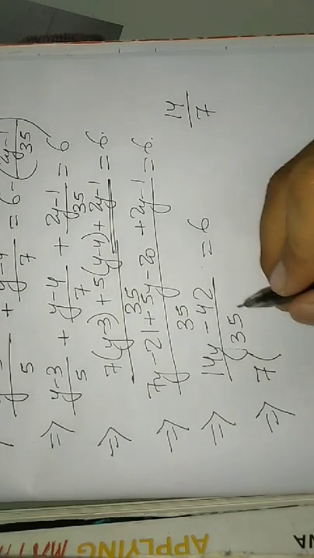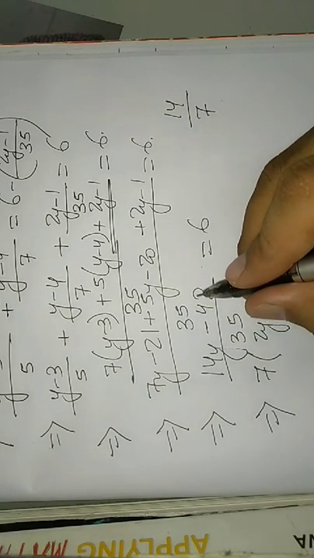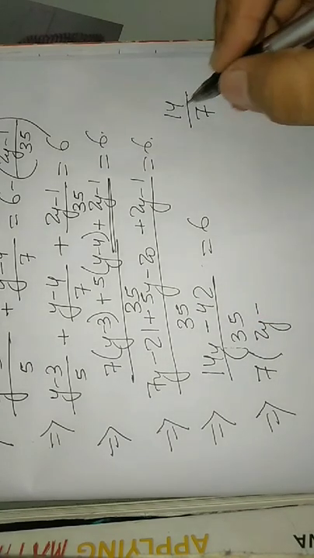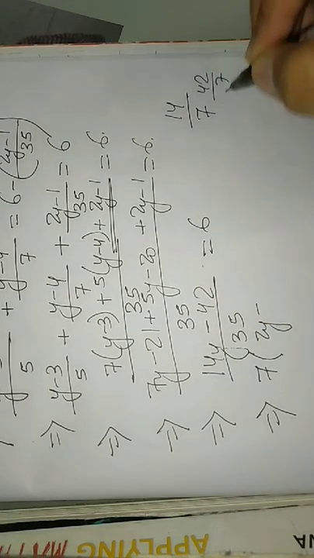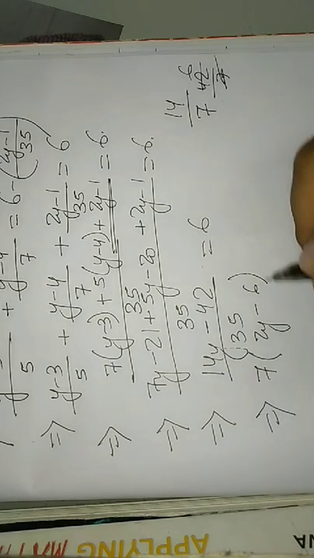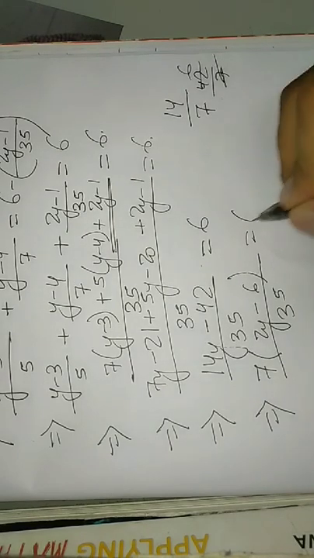So 14 by 7 gives you 2. So this is 2y minus. From 42 I am taking 7. 7 sixes are 42, so minus 6. Okay, by 35, nothing to do over here, is equal to 6.